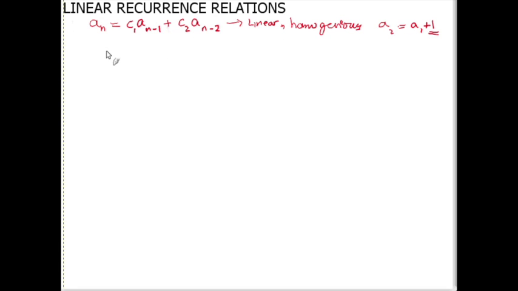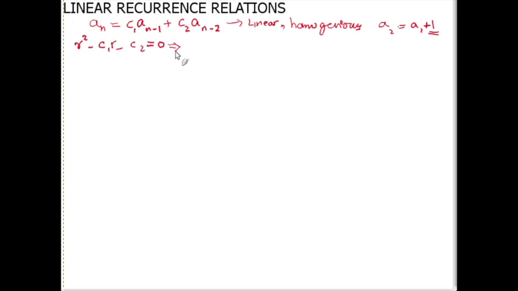Okay, now our job is to find the solution of this. In order to find the solution, first of all we have to introduce a characteristic equation. So the characteristic equation goes like this. We have r squared minus c1 r minus c2 equal to 0.